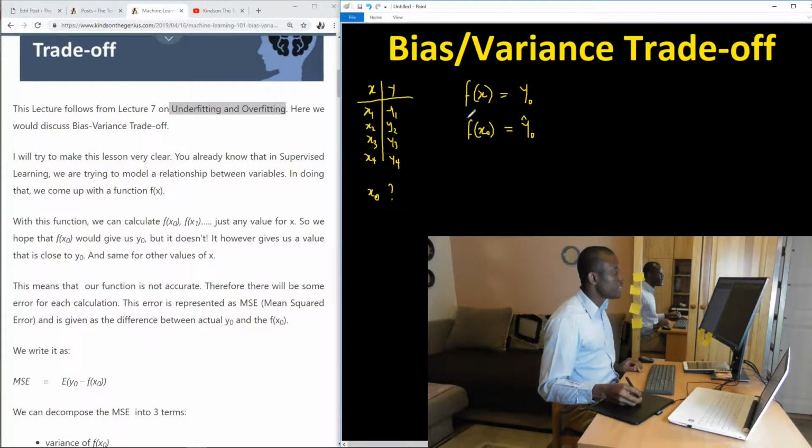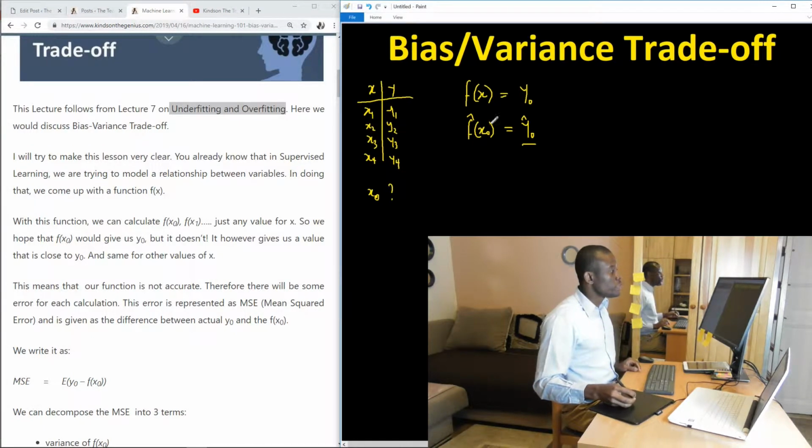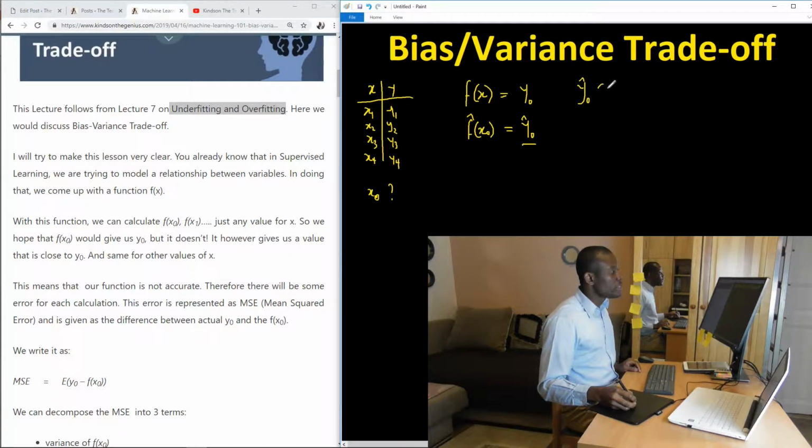We put this little hat to show that this is what we estimate. Now, this estimate we are making based on the function we use may not be exactly the same as the real value. So what we are saying is that the y0 we calculated may just be approximately y, not exactly equal to y.